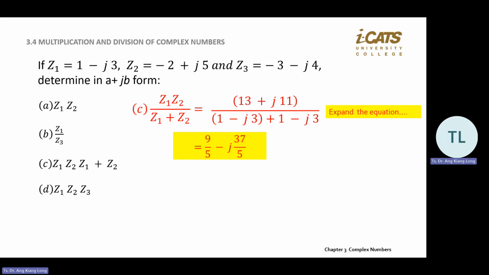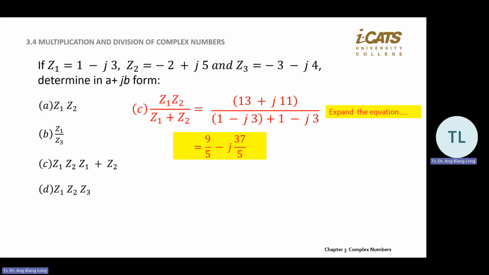Let's do. Okay, so this one, Z1, Z2 is 13 plus, this one is wrong. This one 15, right? Okay, fine. I copied wrong. Minus 1.